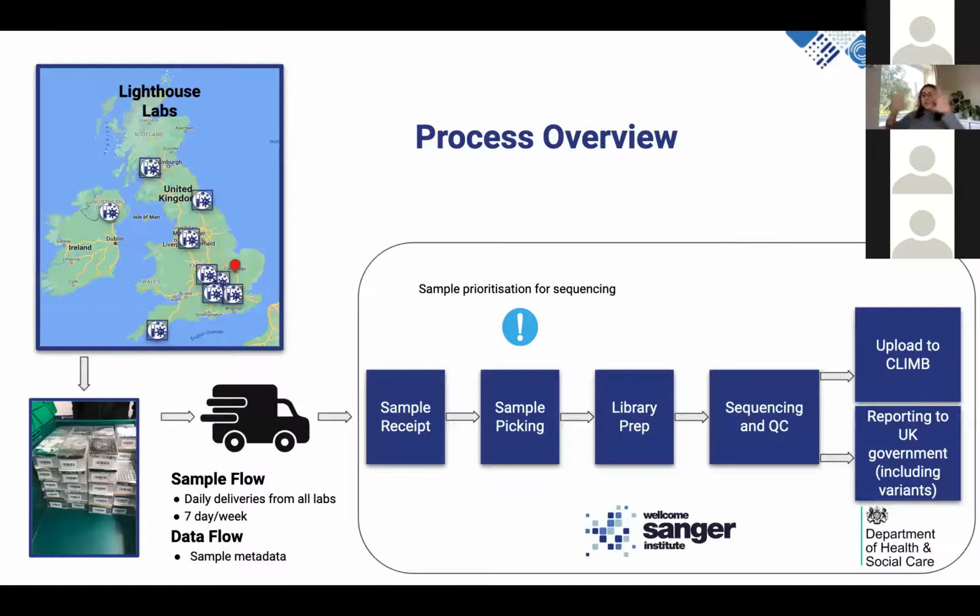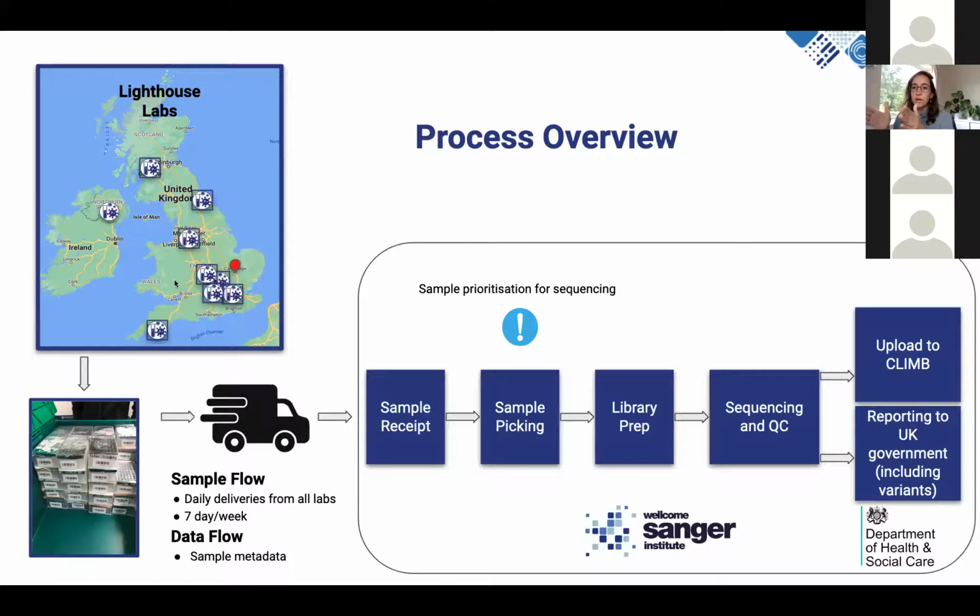So, just a very brief overview of the process. I don't want to spend too much time on this because I want to focus more on the challenges. Essentially, how does it all work? There are 9 labs across the UK, represented by these little test tubes and viruses on the map here.